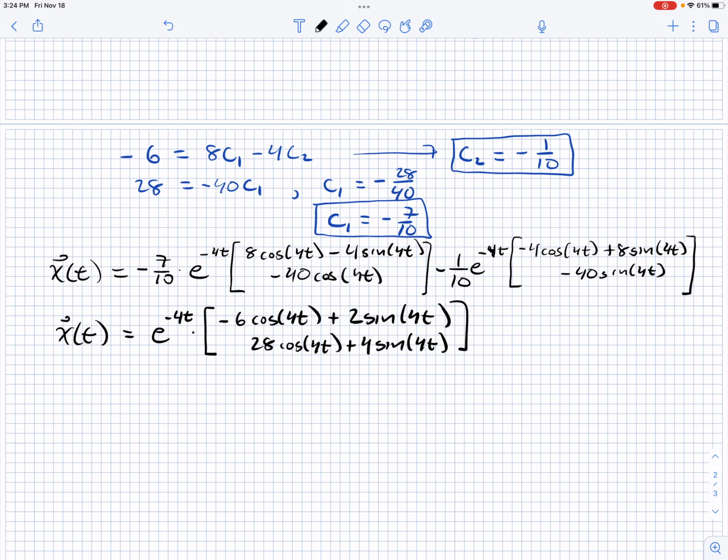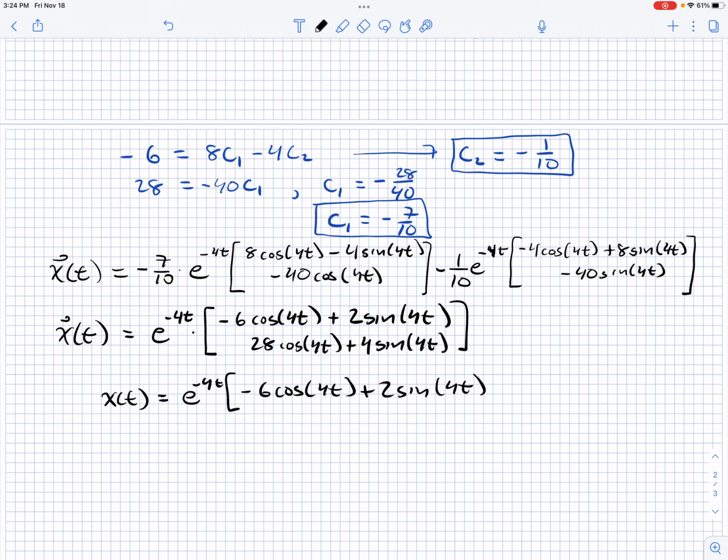You can leave it as is, or if you want to separate it, which I believe the homework system does, we can say x of t will be equal to e to the negative 4t, and I'm going to leave that on the outside, negative 6 cosine of 4t plus 2 sine of 4t.